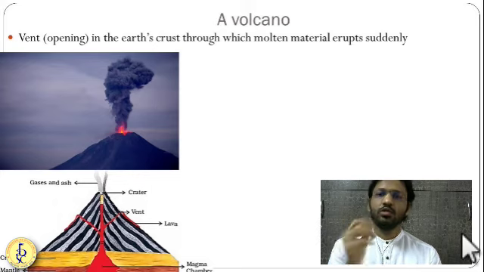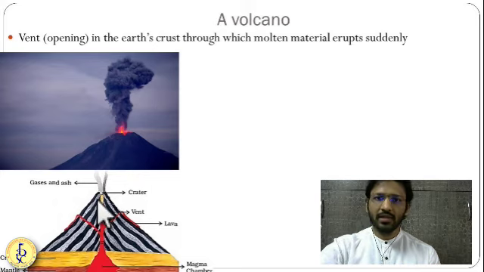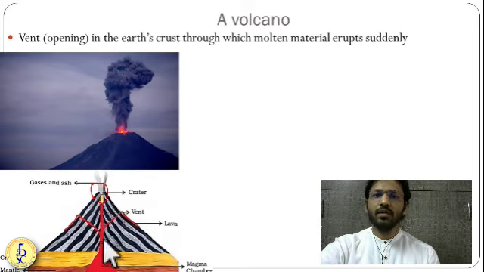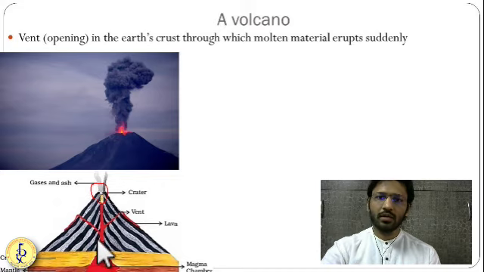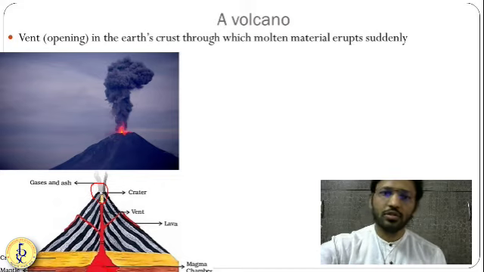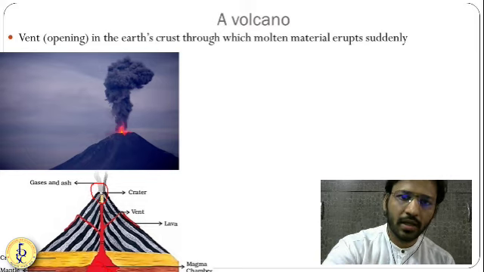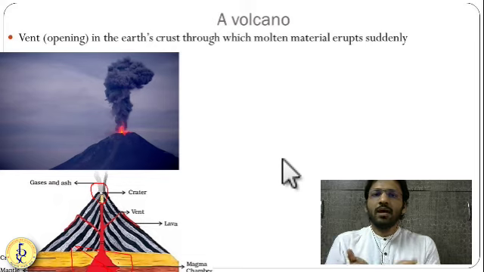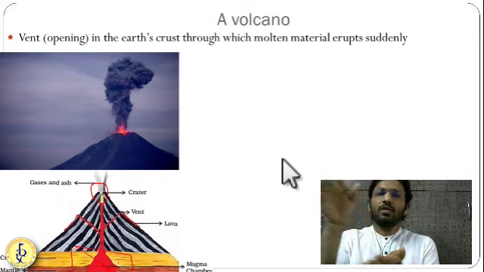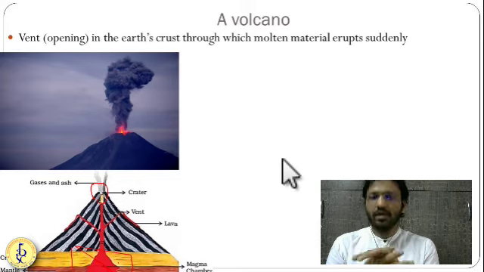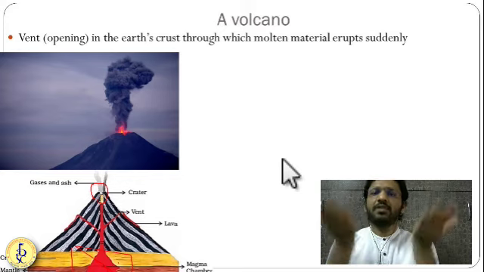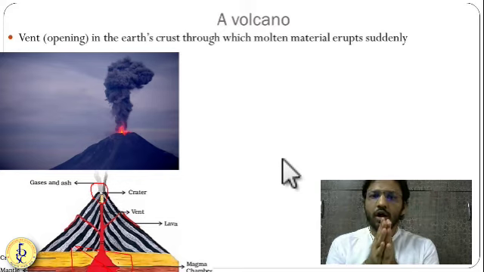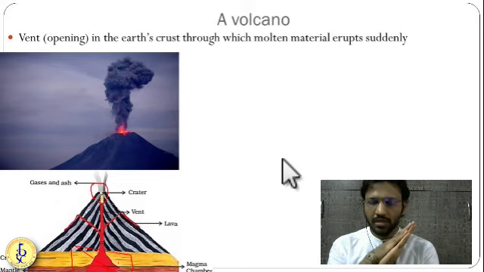Right now you can see it's a vent, or opening, directly connected to the source of magma over here. This magma rises from this hole and comes on the surface. It's called molten material. It erupts suddenly and comes on the top of the crust.